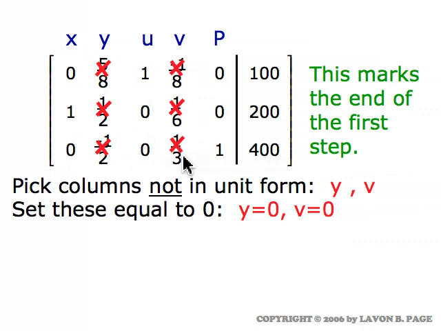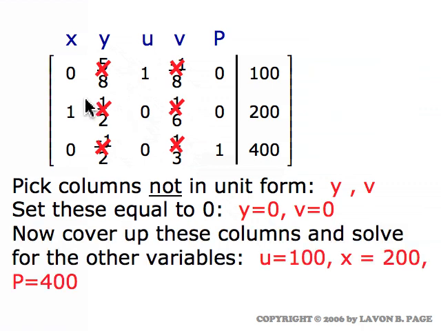The game we're going to play right here is to take those variables, the Y variable and the V variable, whose columns are not in that special form, and set those guys equal to 0. So I'm going to set Y equal to 0 and V equal to 0 because their columns are not in that special form. And then I'm going to simply cover up those two columns.